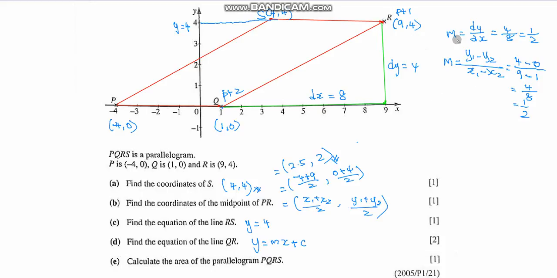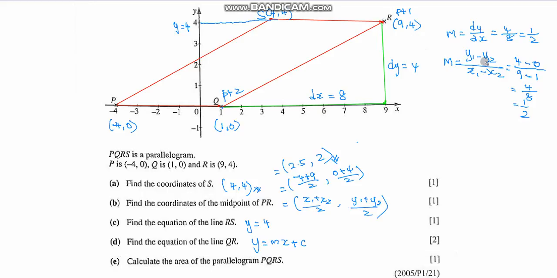Now if you do it this way, be careful, you have to look at the slanting direction. If you're slanting toward the left, then you have to put a negative at the very beginning here. But if you're using this method, it doesn't matter.